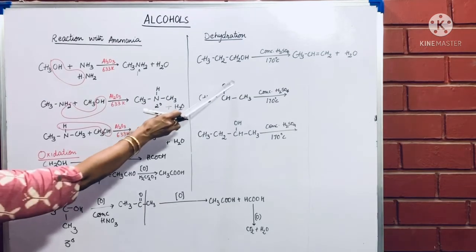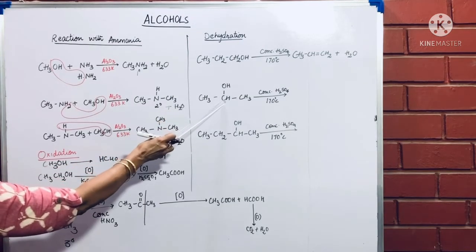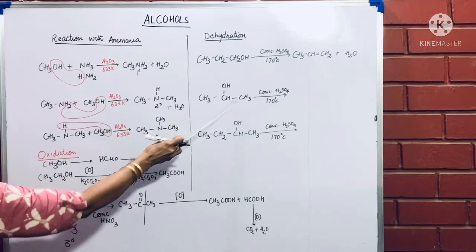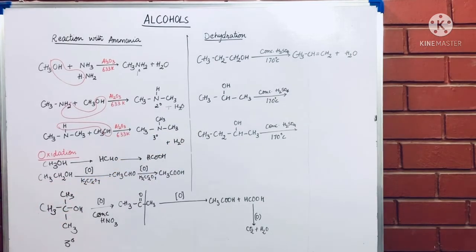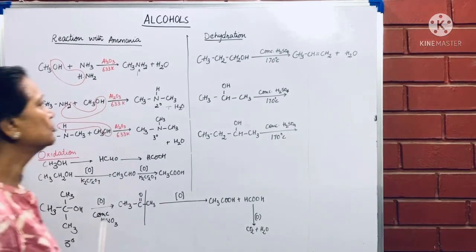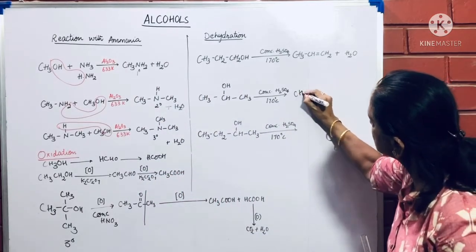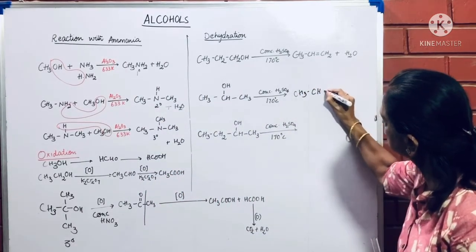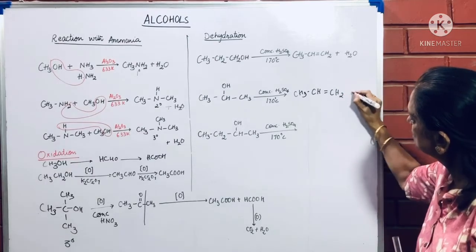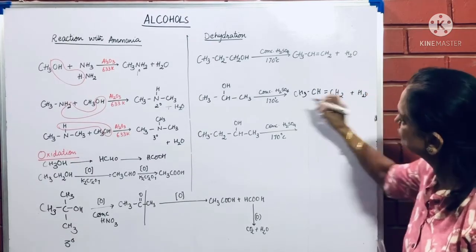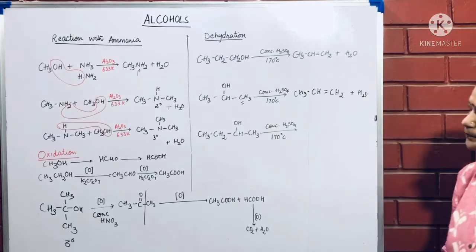Similarly here, OH removed from here, this carbon atom has 2 neighbors, both of them contain the same number of hydrogen atoms. So you can remove from any one of them. So when I remove from any one of them, my product can be CH3CH=CH2 plus water, because now I am removing from this carbon atom.